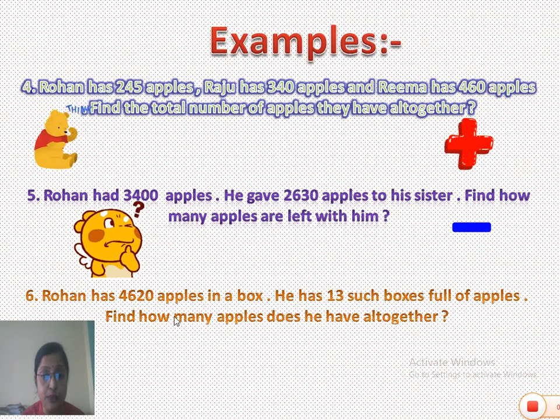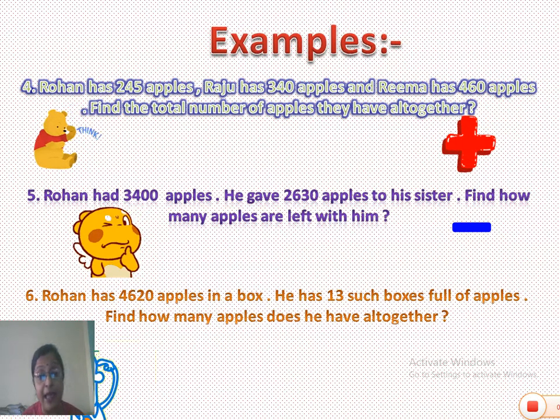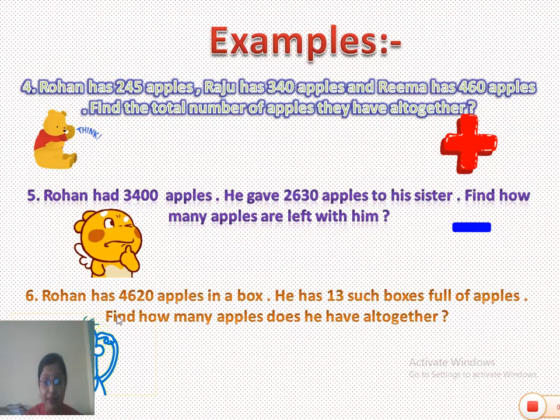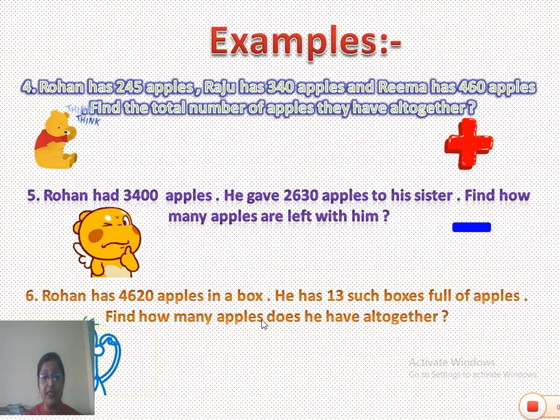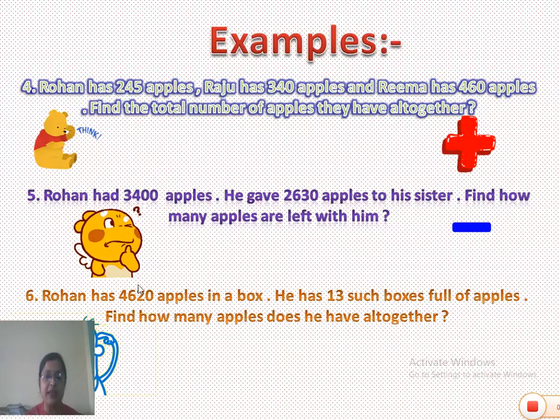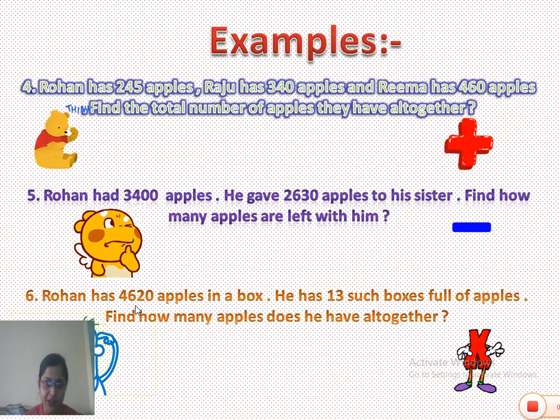Now, we have to find out how many apples he has all together. So, we cannot go adding 4,620 13 times. And to reduce that action of repeatedly adding the same number, we choose the action of multiplication.